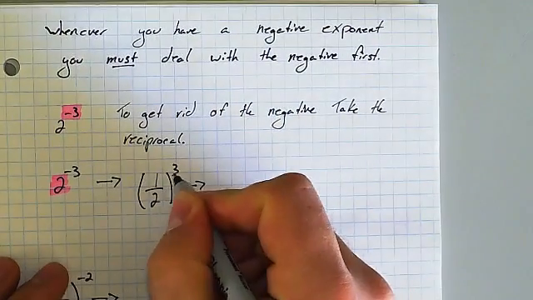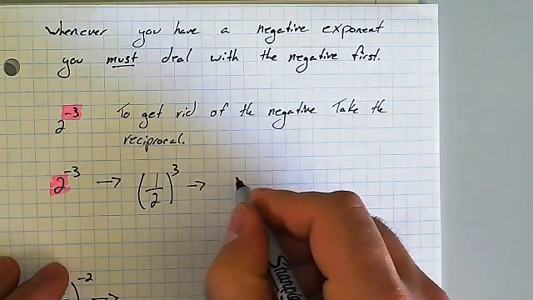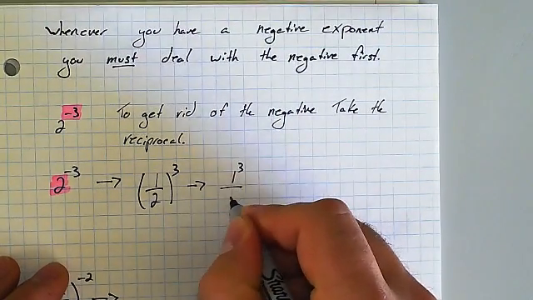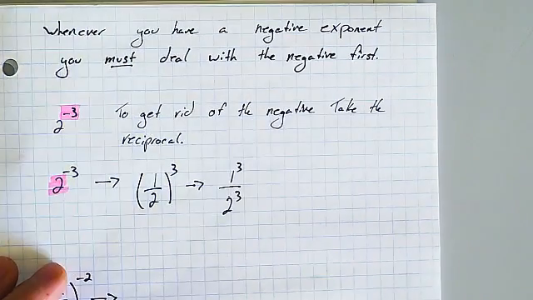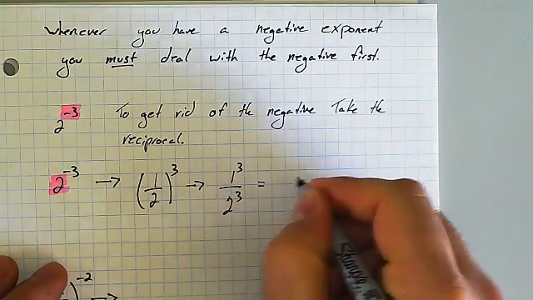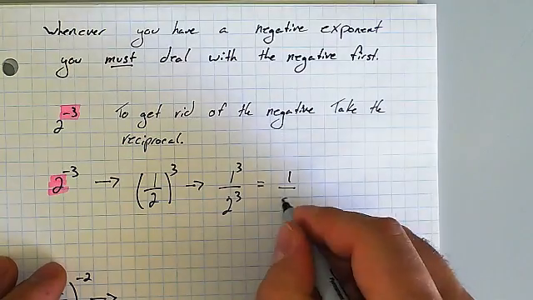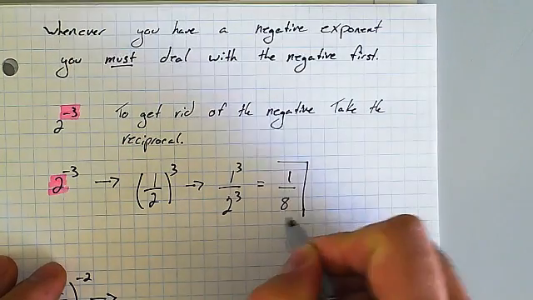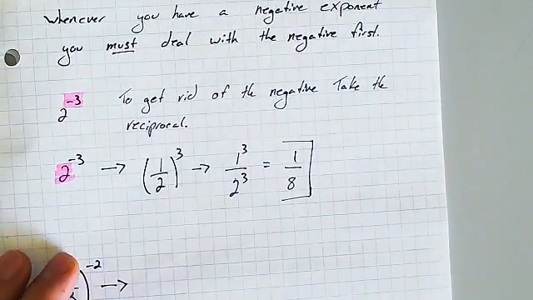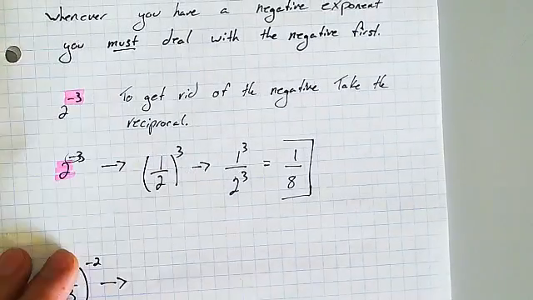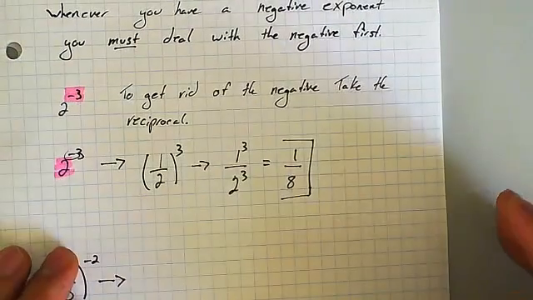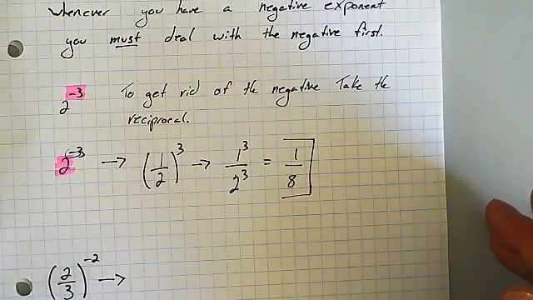Then we can just solve it normally. We take our cube and we distribute it to both your top and bottom, numerator and denominator. We know that 1 cubed is just 1, and 2 cubed, 2 times 2 times 2, gives us 8. So again, always get rid of your negative first, then solve the rest of it.